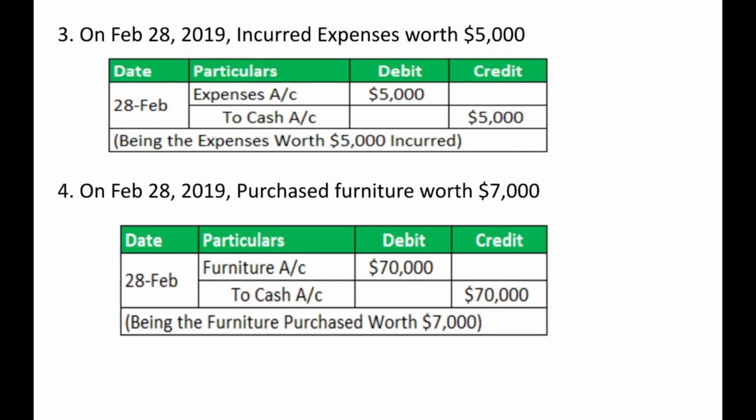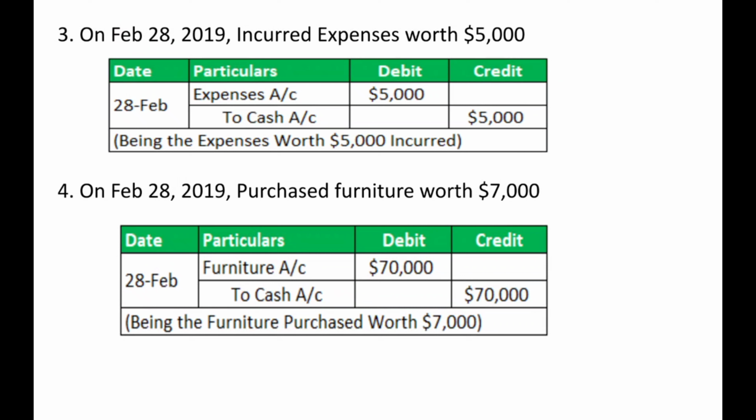The fourth transaction is on February 28, 2019: purchased furniture worth $7,000. Furniture is an asset, so this asset comes into the business, and we need to pay some cash, which goes out and comes under the credit side.